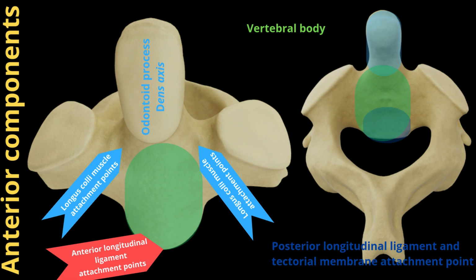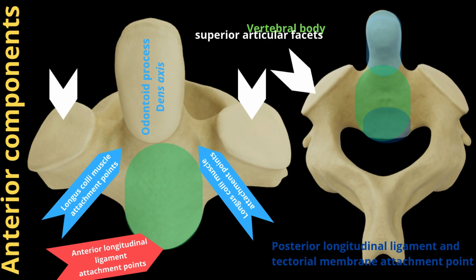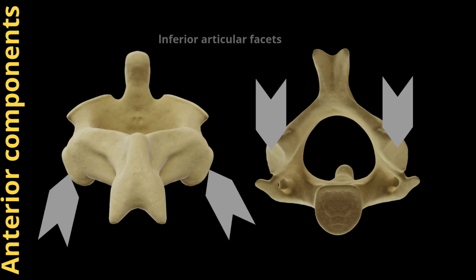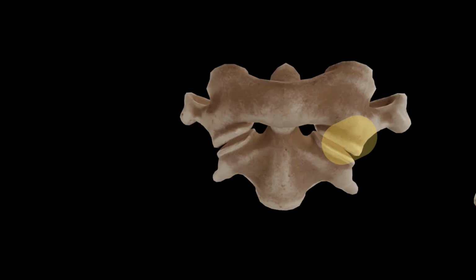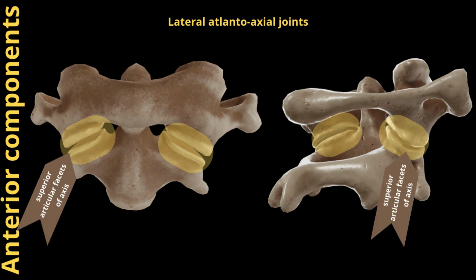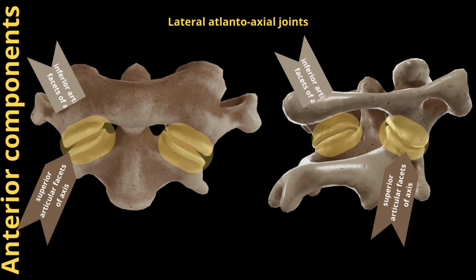Lateral to the dens axis on each side are the superior articular facets, sloping from the superior body aspect and extending over the pedicles. The inferior articular facets are located on the inferior aspect of the body. The lateral atlantoaxial joints are formed by the superior articular facets articulating with the inferior articular facets of the atlas.